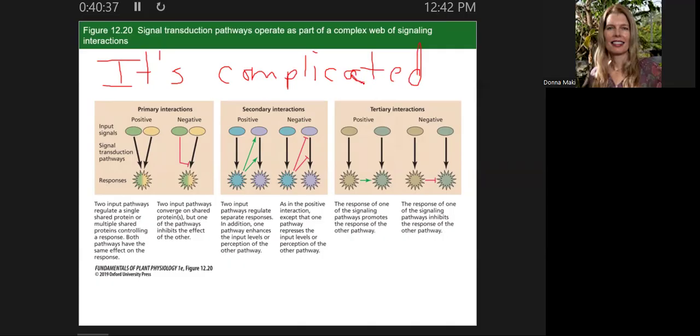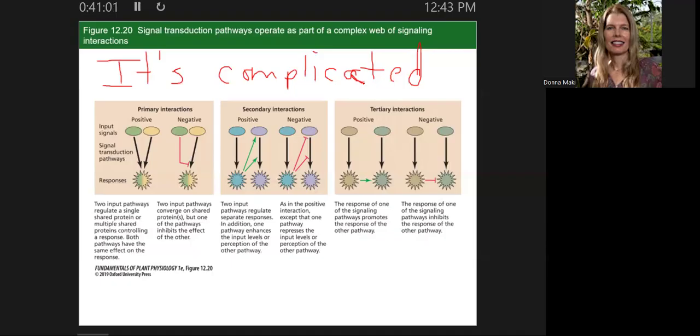It's complicated. Right, so here you're looking at signal transduction pathways that can start to hook up with each other. And so you can get really complicated signal transduction pathways. And my hat goes off to the people who figure all this out, because this looks like it could be very, very challenging.